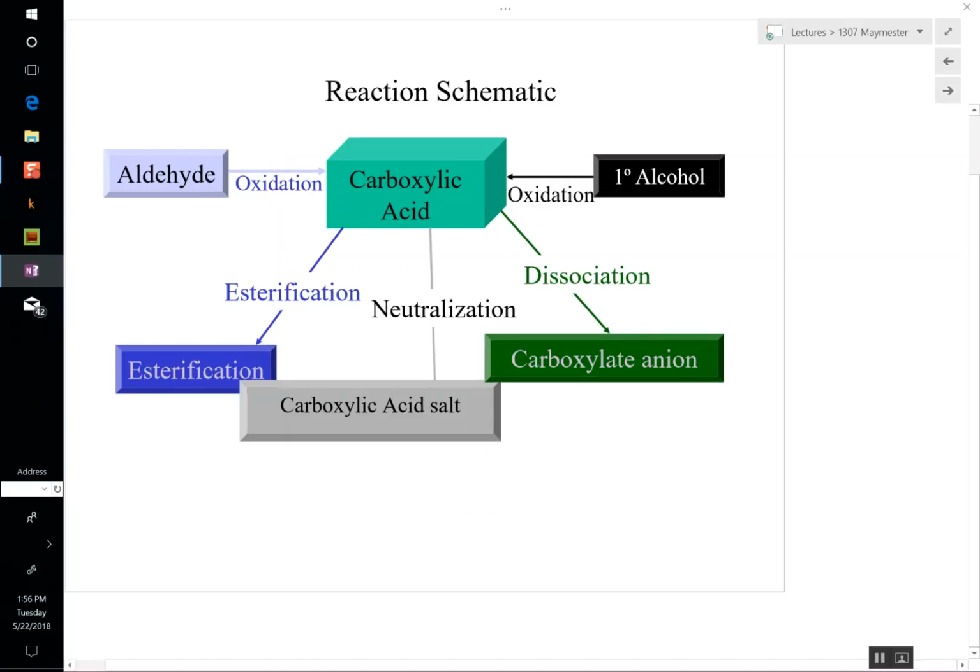And I think, does this finish chapter 14? Here's a summary of some of the reactions. Maybe not all of them. So you can take an aldehyde, oxidize it, and make a carboxylic acid. You could take a primary alcohol, oxidize it, and make carboxylic acid.